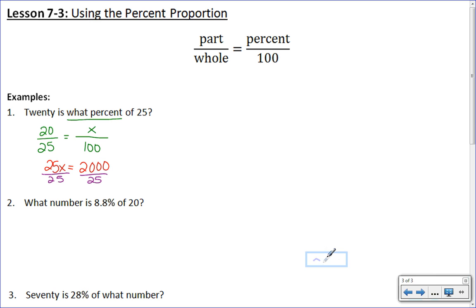We get that x is equal to 80. So because this asks 20 is what percent of 25, we would say that it's 80%.